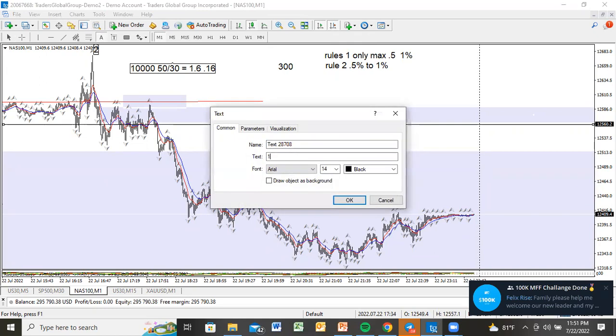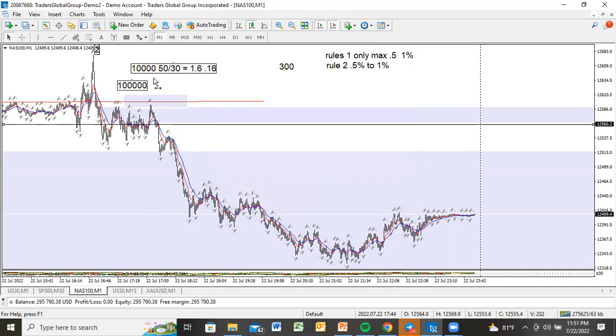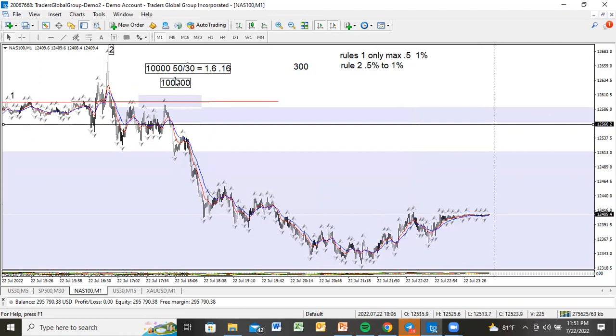So you must factor in how much am I willing to lose. 0.5% best practice per trade, maximum 1%. So you got the rules, man. That's the rule.